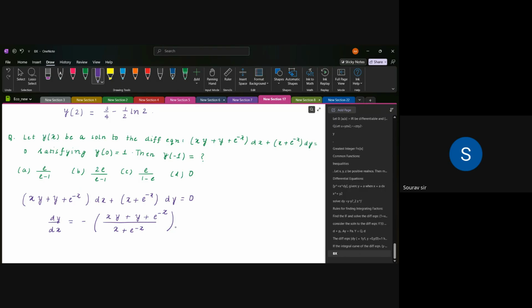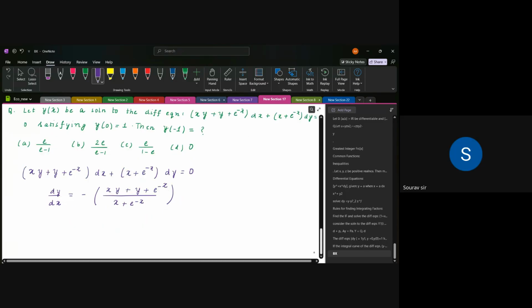So after this step, what can we do for writing it in Bernoulli form? We can divide it by the denominator. Repeat once more, what will you write?